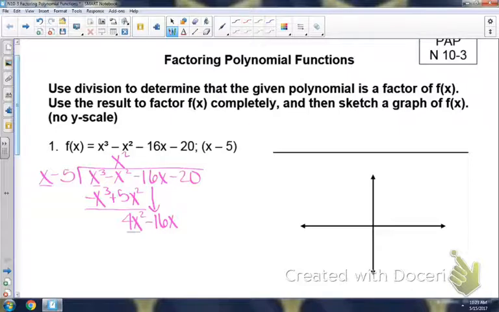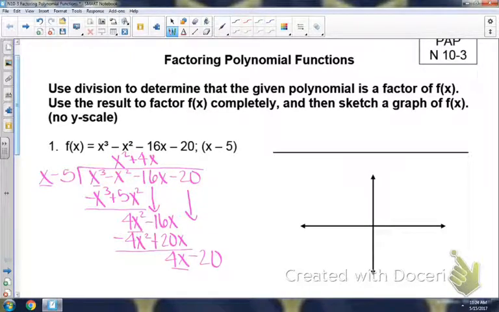So look at the first terms again. I need to multiply by 4x. So that would be 4x squared. And that would be minus 20x. Subtracting both of them, negative 16x plus 20x would give you 4x. And then bring down that last term, so minus 20.